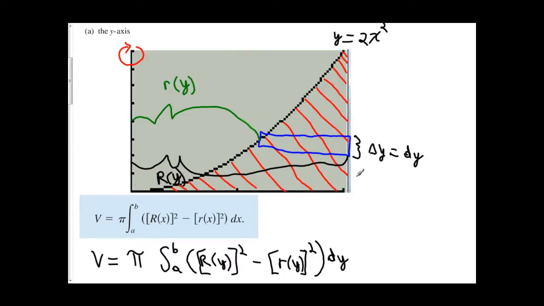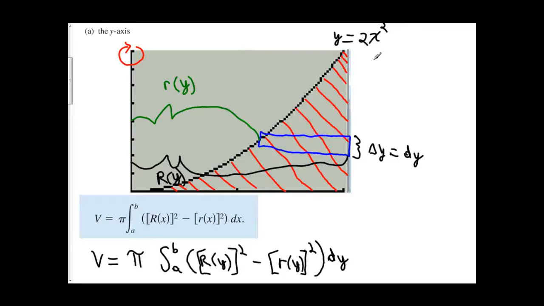So we're going to modify our equation a little bit because we're going to be using functions of y, since the axis of revolution is vertical. It turns out that the r of y is the functional value if you look at this parabola as a function of y instead of a function of x.